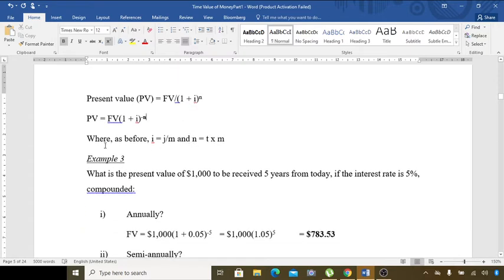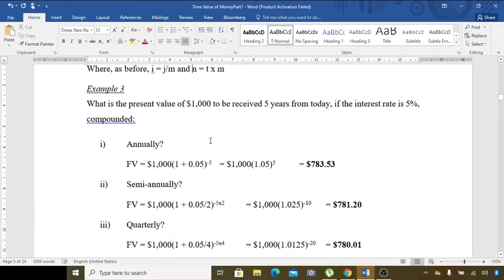In your calculator operation later, make sure you don't miss out the negative term when you calculate. Now, as before, i maintains the same. It is still j divided by m, your nominal interest rate divided by frequency of compounding, and n still equals t times m.